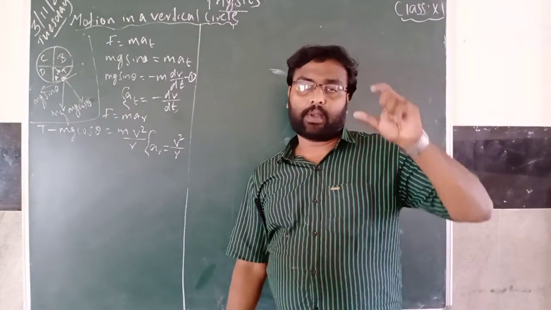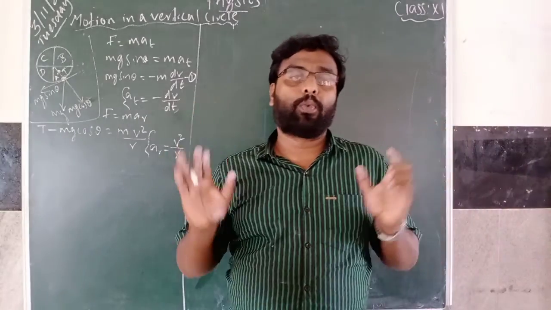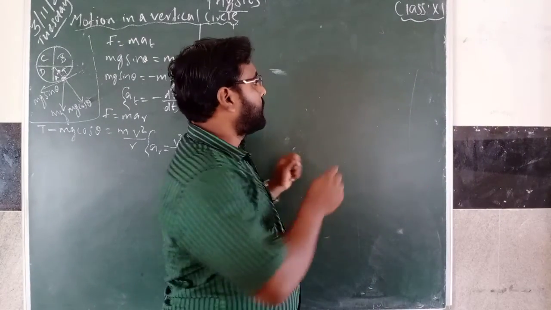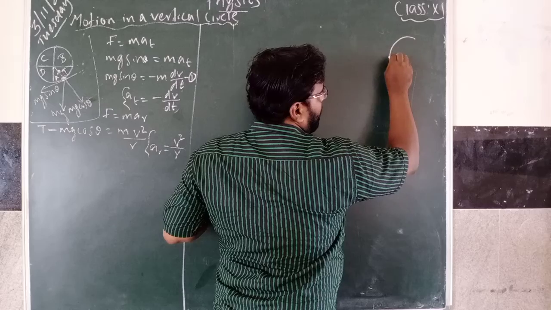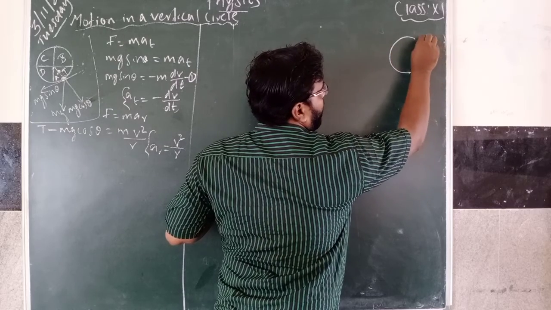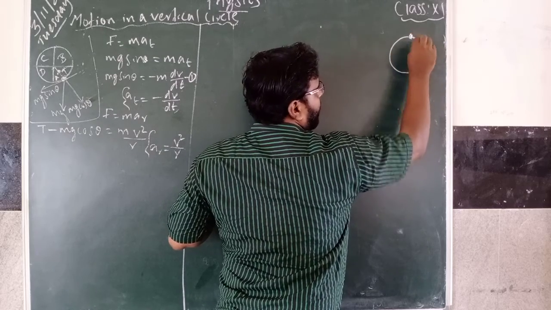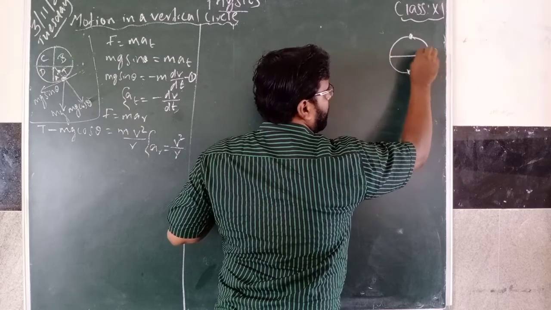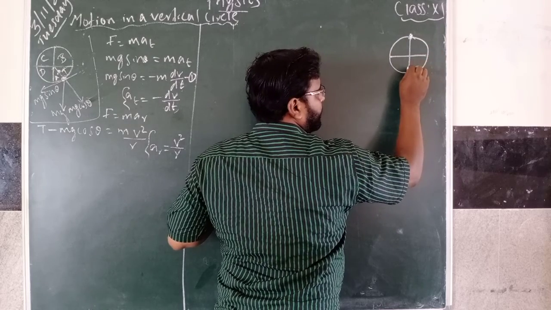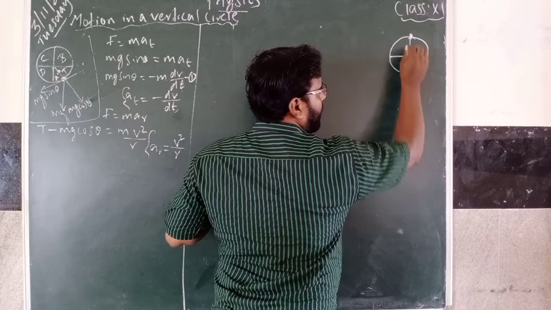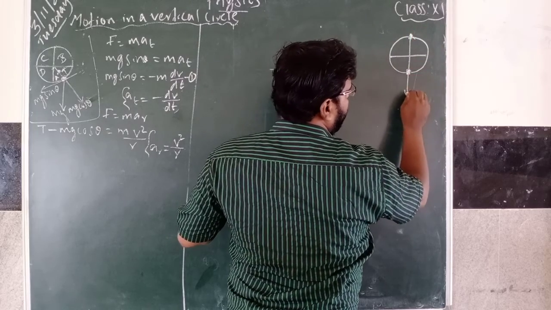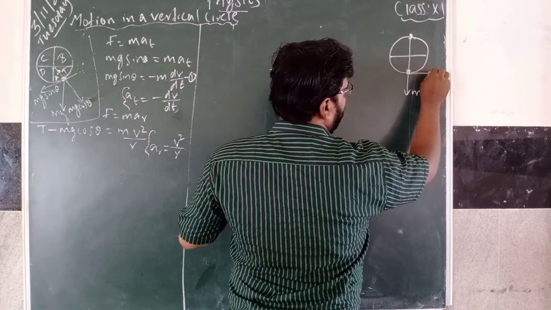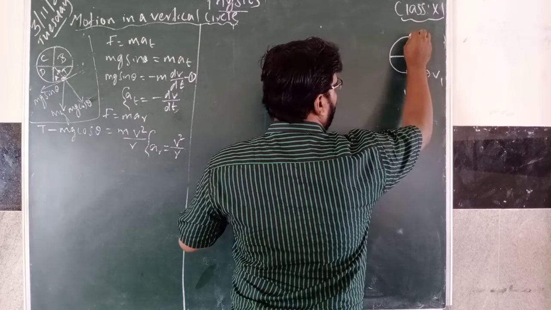Now we can consider any 2 points. Here if you see this diagram, consider any 2 points, one highest point and one lowest point. Here acting mg, here acting velocity 1.